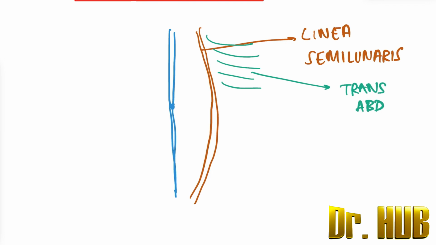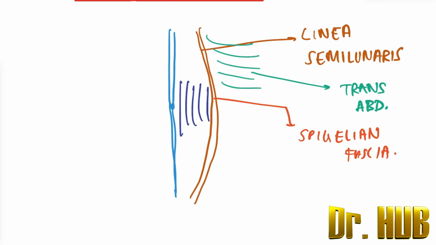Then comes the Spigelian fascia. It widens, and this is the Spigelian fascia. And then on the medial aspect, there is the rectus abdominis.